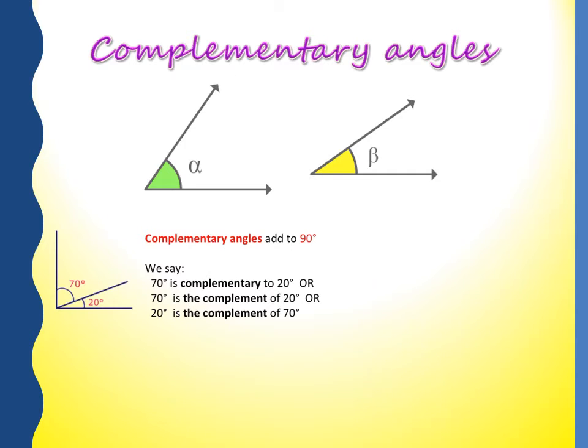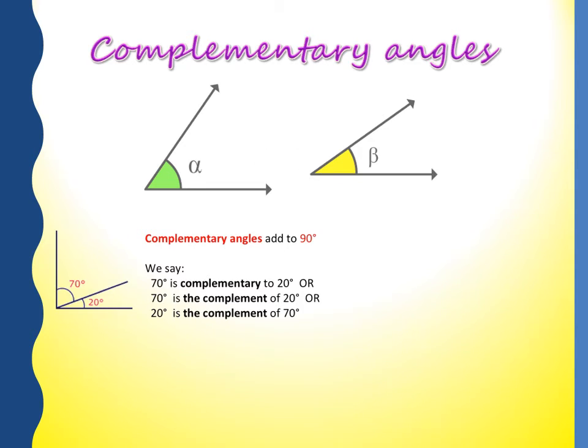One of them has a measure of 70 degrees, and the second one has a measure of 20 degrees. The sum of these two angles is 90 degrees. So these two angles are called complementary angles.